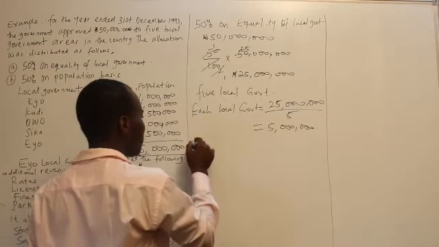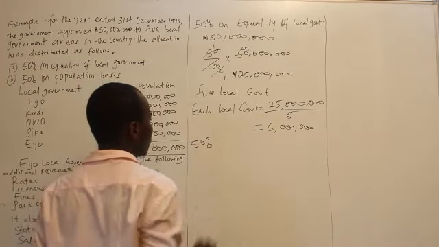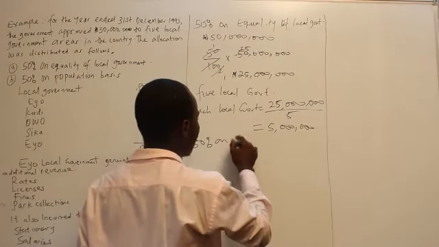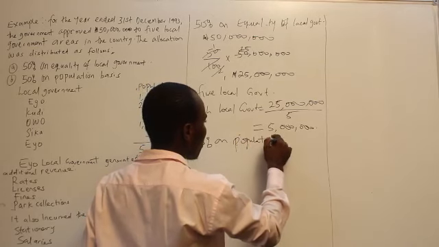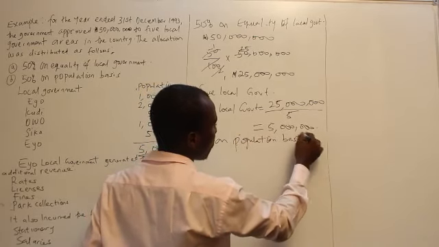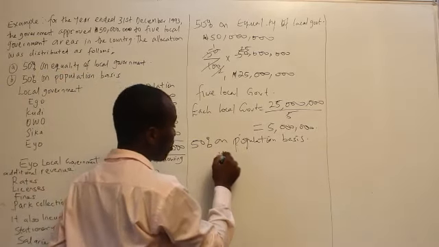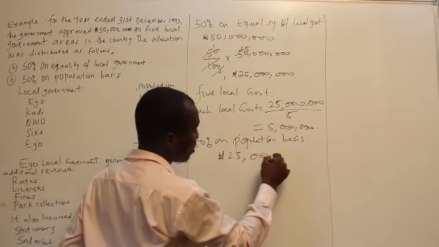Now the next one is 50% on population basis. That means the amount to be shared on population basis will also be 25 million naira.